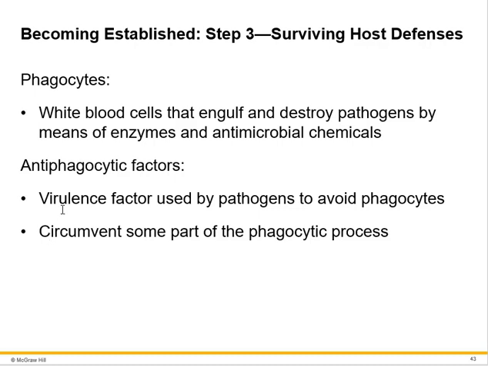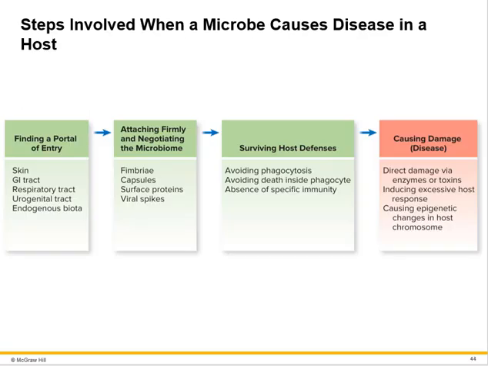So there's something that they produce that will help them avoid the phagocyte. It could be a toxin that kills the phagocyte. It could be they have a capsule that allows them to avoid phagocytosis, but somehow they circumvent some part of the phagocytosis process.